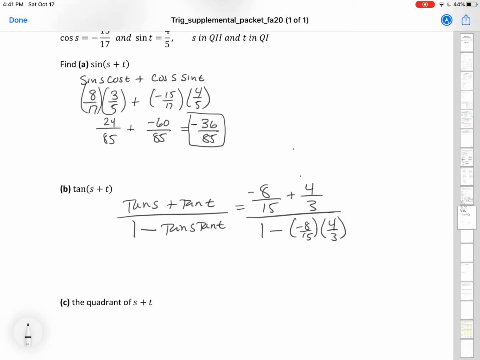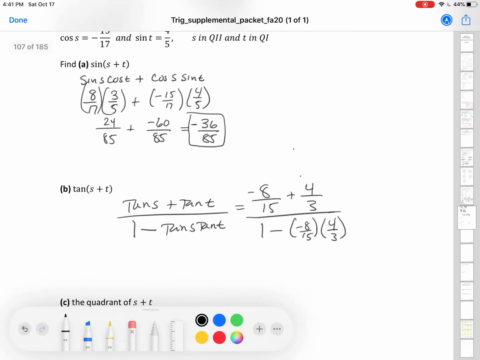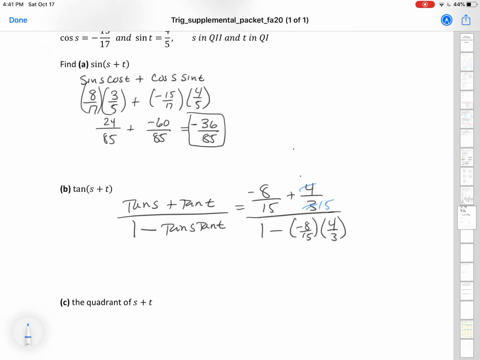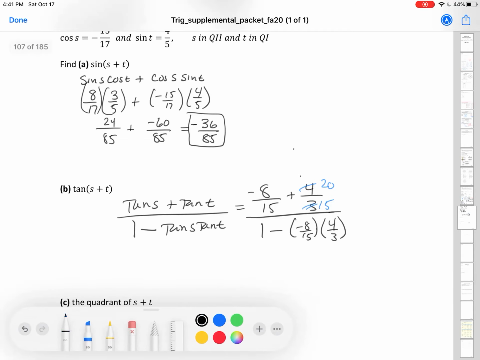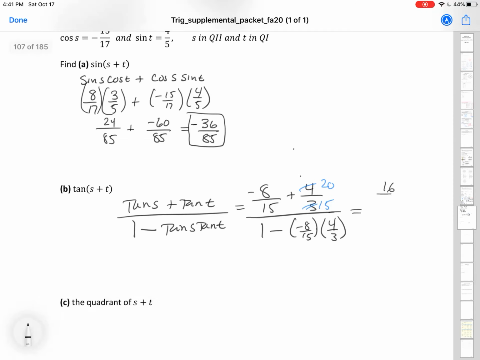Let's put these together. Let's see if I can do that a little bit more condensed. So if I make this a 15, then this is going to be 20, and 20 minus 8 is going to give me 12 over 15 all over 1 minus, and that would be 32 over 45.